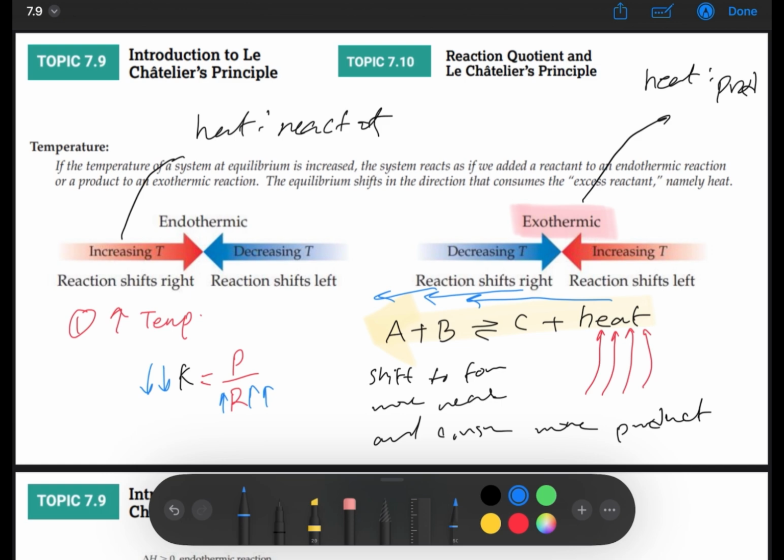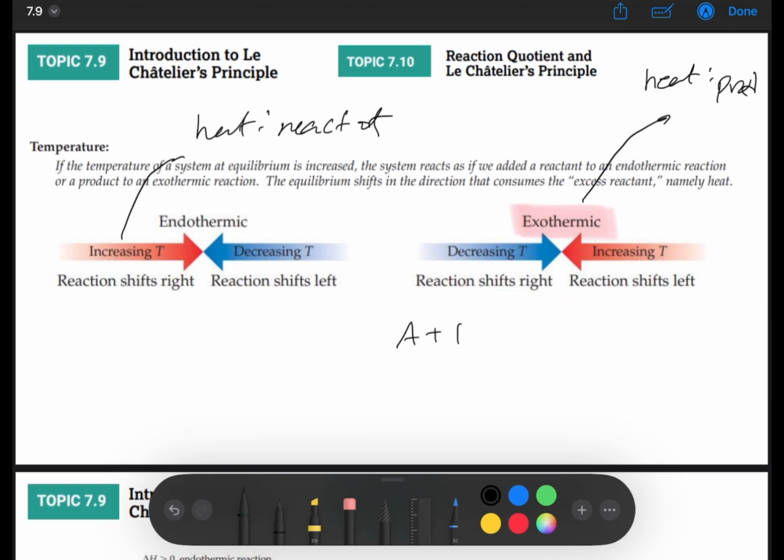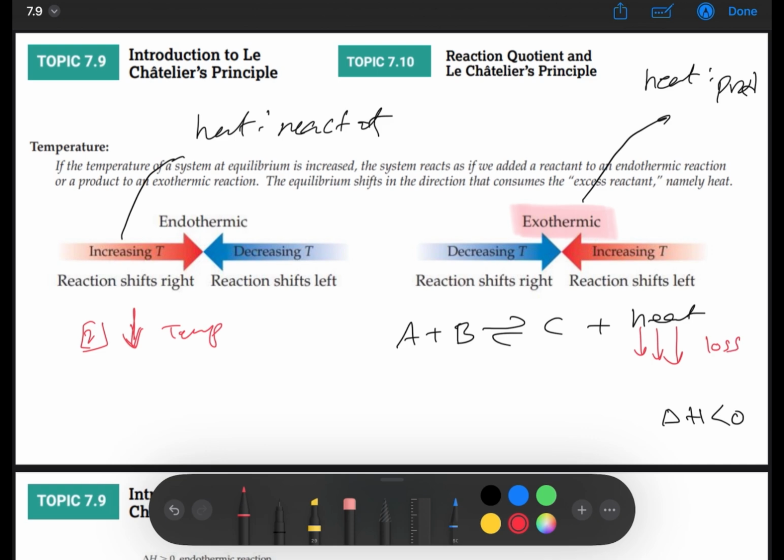What will happen if I decrease the temperature for an exothermic reaction? A plus B gives C plus heat, and delta H is less than zero. So I will take the second case, in which we are decreasing the temperature. If we are decreasing the temperature, it means that we have a loss.